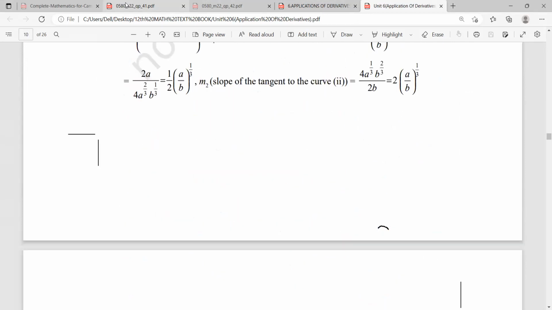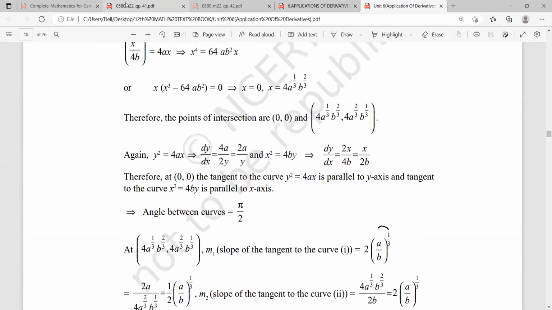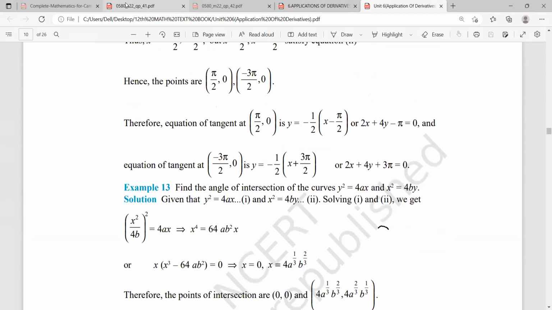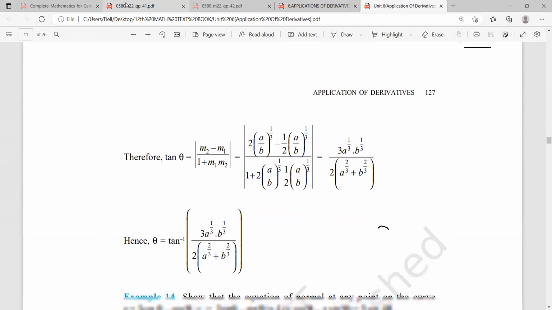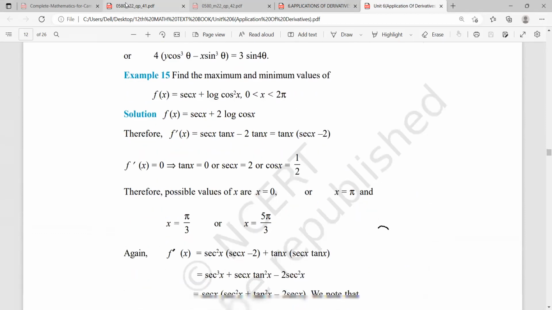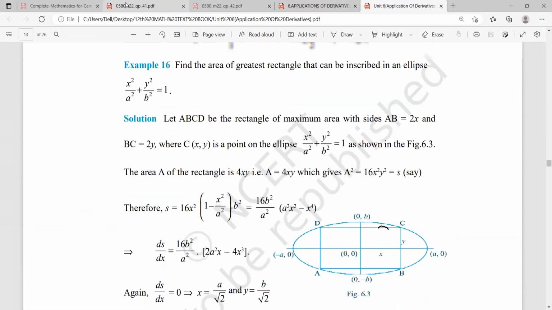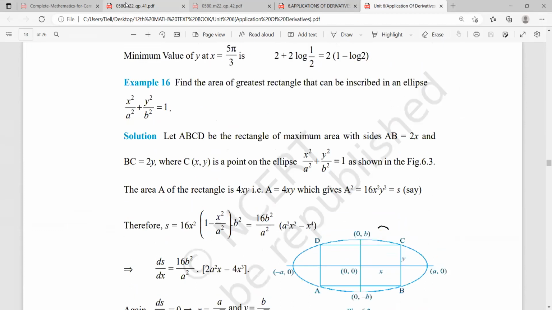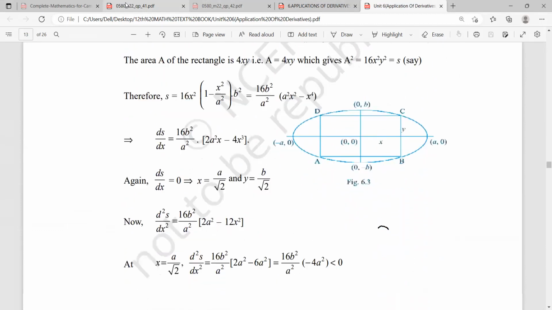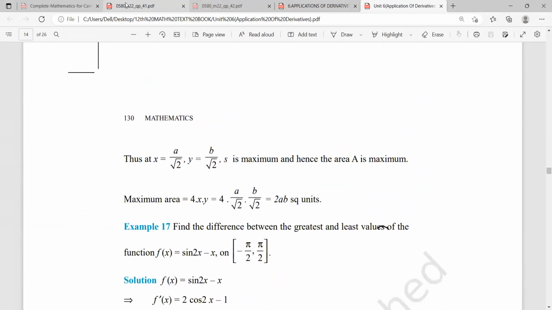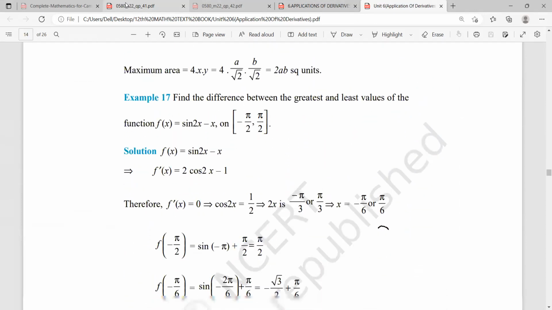So what do you have to go? I'll go through all of it again, sir, and if I have any doubt, I'll ask. Yeah, this is very important. Just you can go through it. So this one also we did, rectangle inspection. Yes, sir, I'll go through all of it.